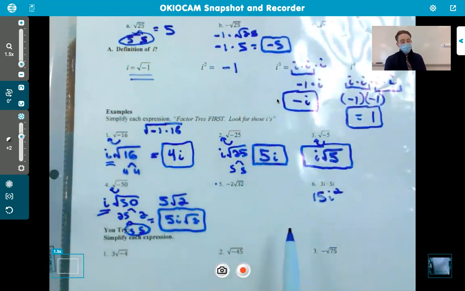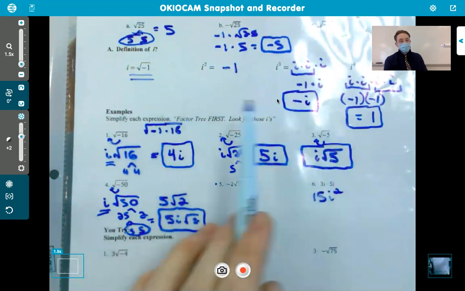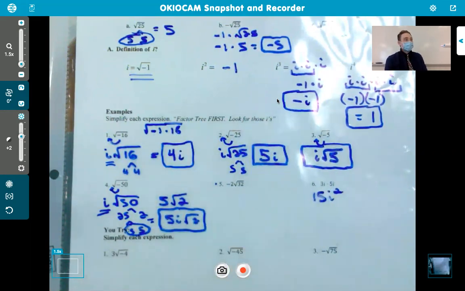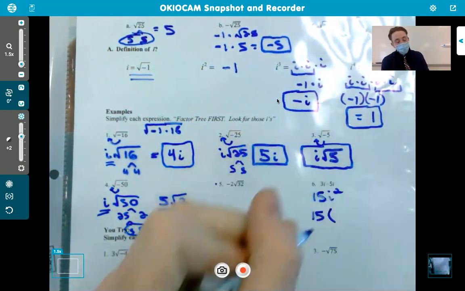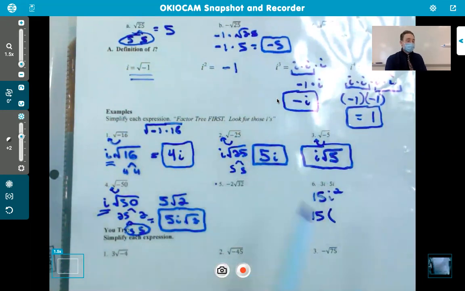Well, one thing with imaginary numbers is that I don't want to leave my answer with any exponents. I can simplify this further. What does i squared simplify to? What do we have there in our notes? Well, it's i times i, right?